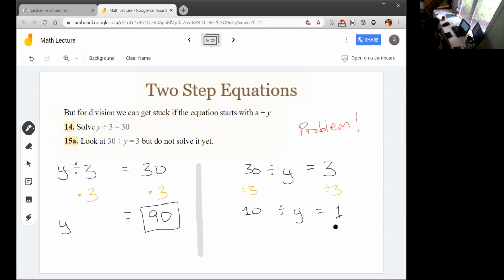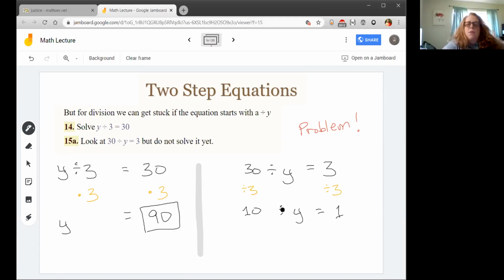So far, so good. I can still see that 10 works, but I'm sort of in the same boat. Does that make sense? I'm starting with a number and then doing things to it that involve a letter, and I don't like that. That's not what I'm used to. You've got to put the 10 over on the other side of the equal sign.